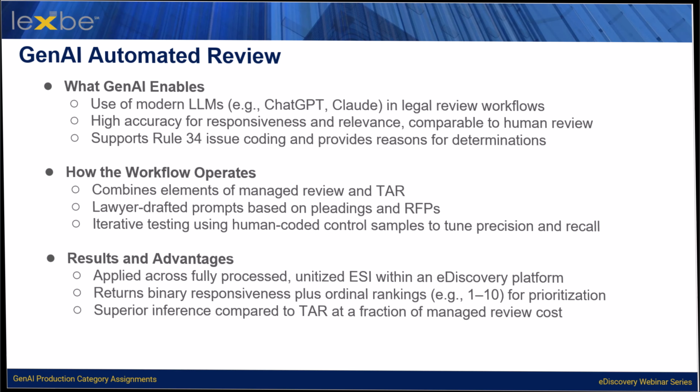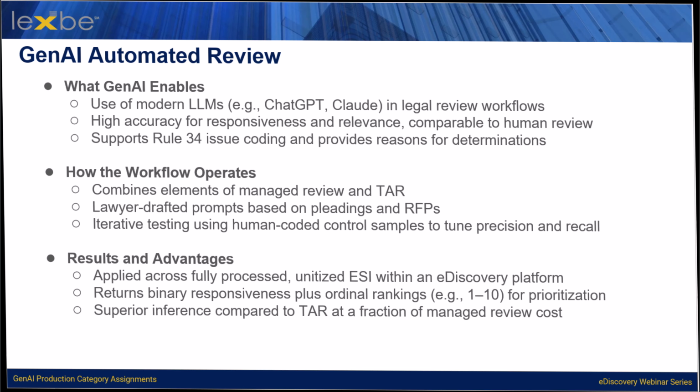A GenAI automated review workflow is a blending of what had previously been used in managed reviews and TAR reviews. As part of the process, a detailed prompt is prepared based on what would be generally responsive in the case. This is done after review and consolidation of the pleadings and applicable RFPs. The responsiveness prompt is tested for accuracy by having the producing law firm review and hand code some documents as controls.